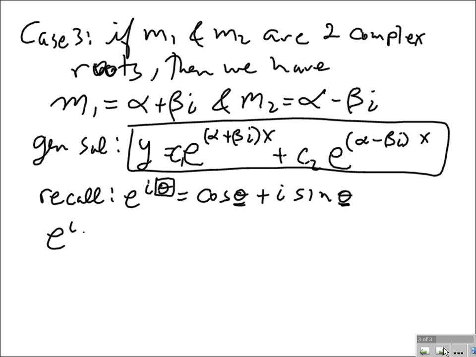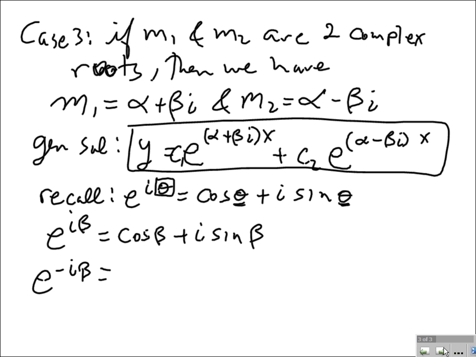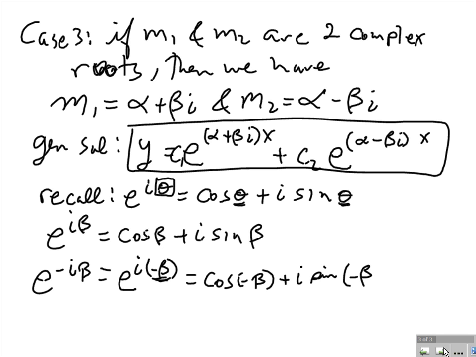So e to the i beta, this will be cosine beta plus i times sine of beta. And e to the negative i beta, if it makes you happier, it's e to the i times negative beta. So we're going to get cosine of negative beta plus i times the sine of negative beta.